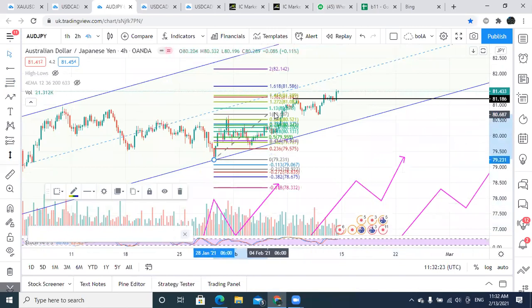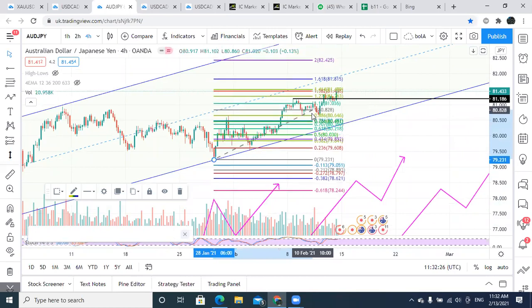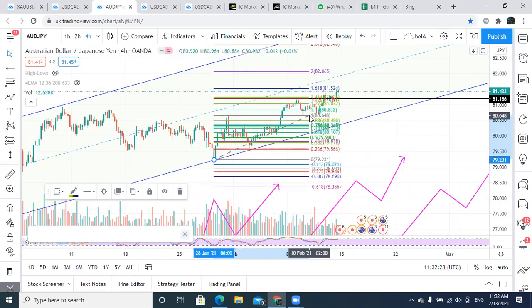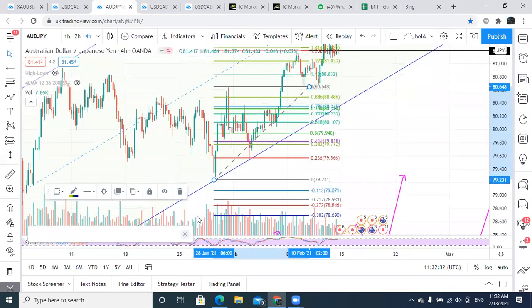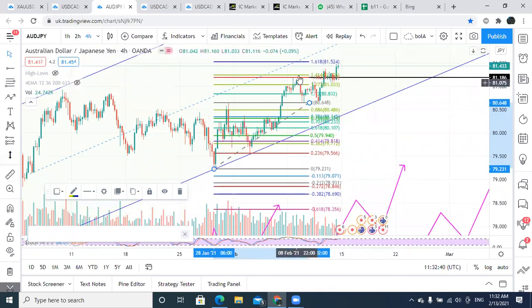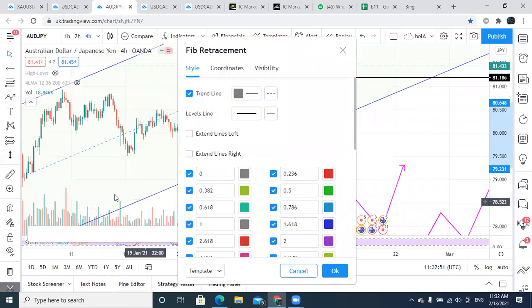Equally, you can see that we have this 0 to 1, which is 78.6, and that 78.6 actually projected us to a level of 1.272 to 1.318. I will talk a bit more about that probably in our coming classes.